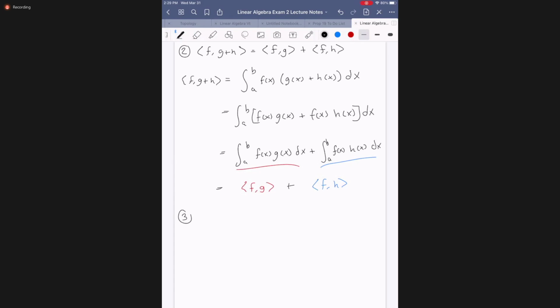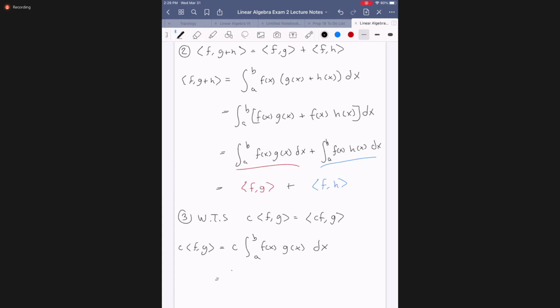For property 3, we just need to show that the inner product of cf with g is equal to c times the inner product of f and g, right? So do that. Well, this is equal to c times the integral from a to b of f of x, oh sorry, g of x dx. Well, constants, you can pull them inside the integration, right?